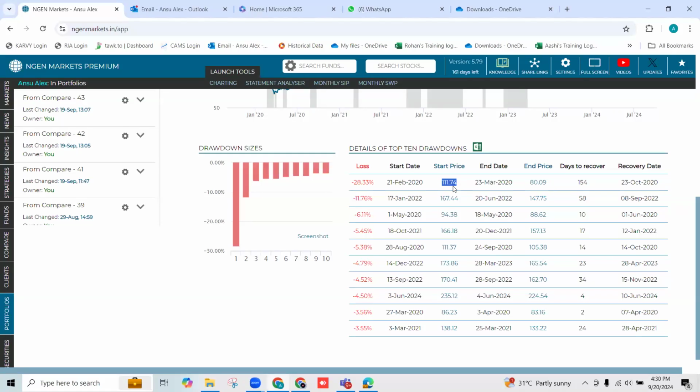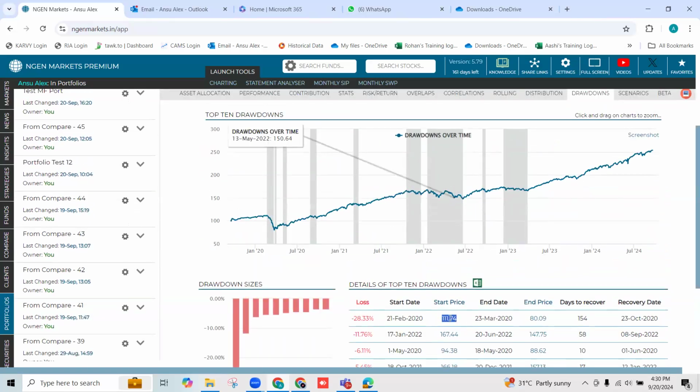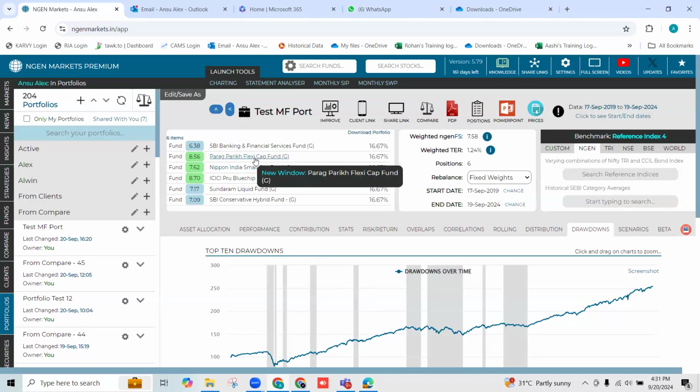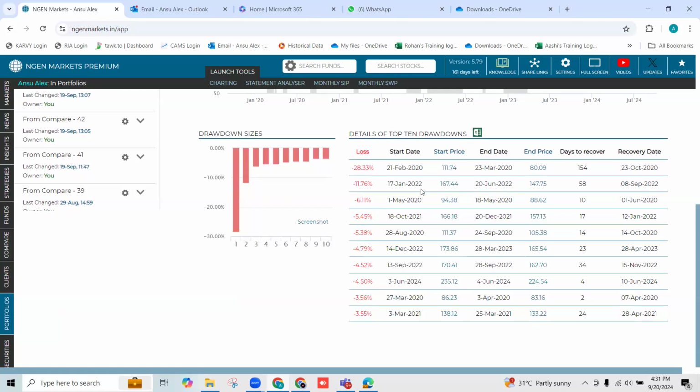Now, how did we arrive at this portfolio level NAV? This is a weighted average NAV or weighted average price, if at all we say, meaning the NAV of each fund is multiplied with its weightage in the portfolio. And that is how we arrive at this portfolio level weighted average price.